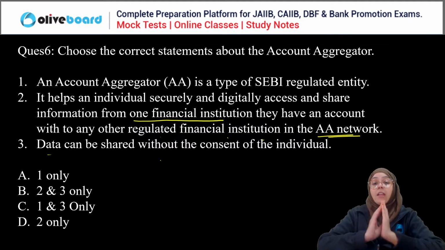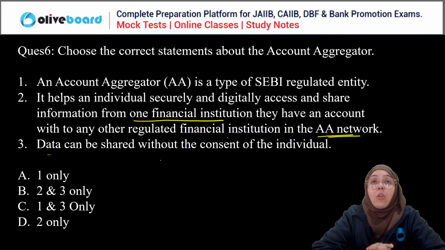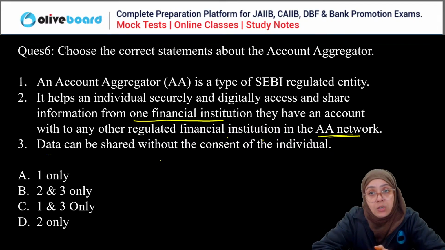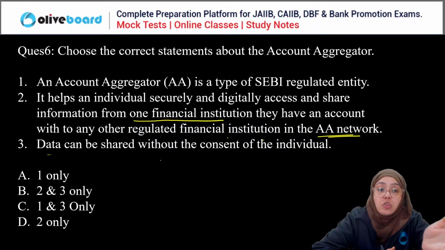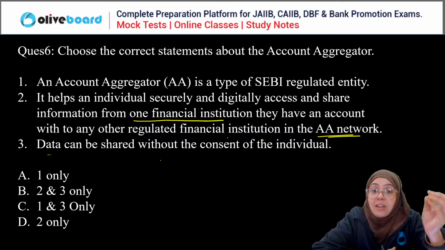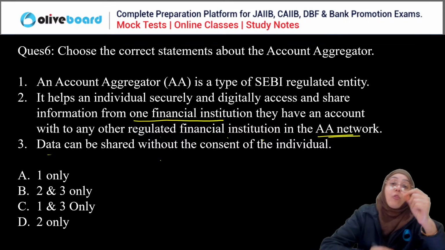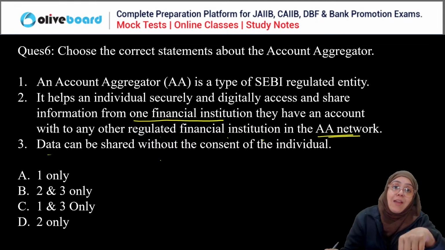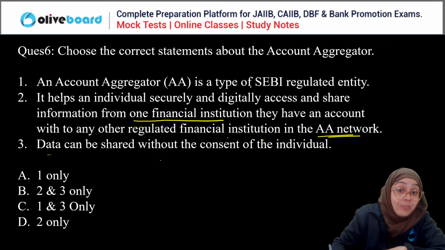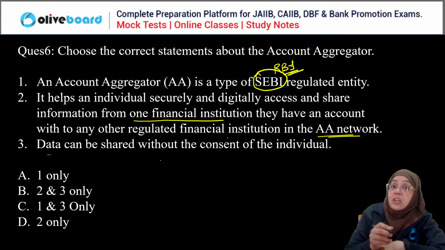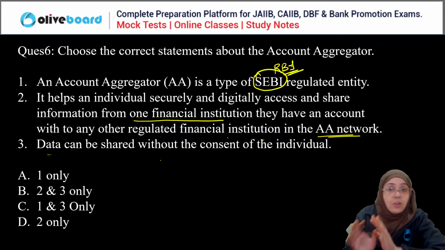So when we are talking about the account aggregator, it is used for transferring information from one financial institution to another in a secured and digital format, and this should be within the account aggregator network. Because it concerns financial institutions, it is an RBI regulated entity, and SEBI has nothing to do with it.